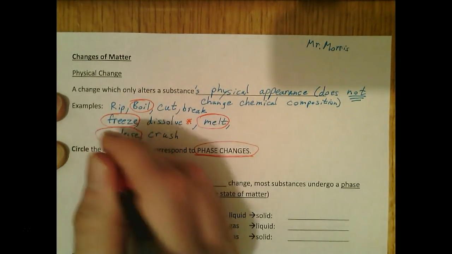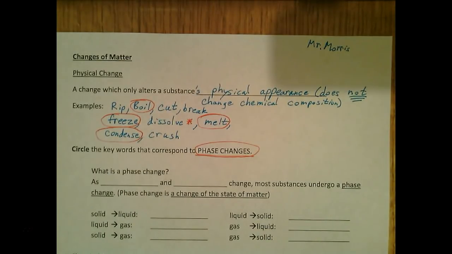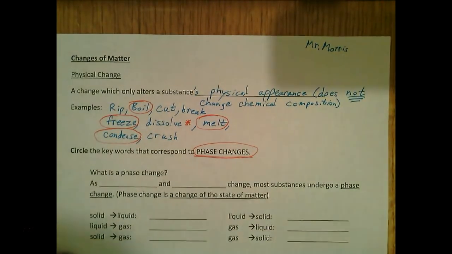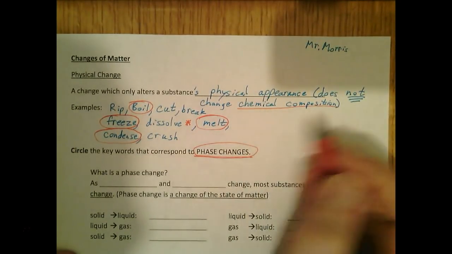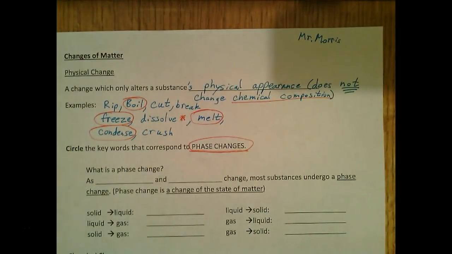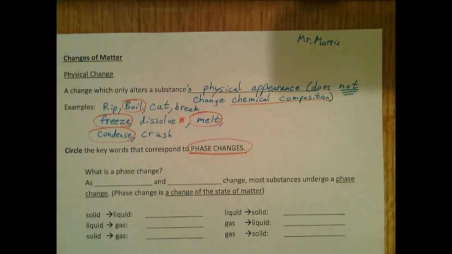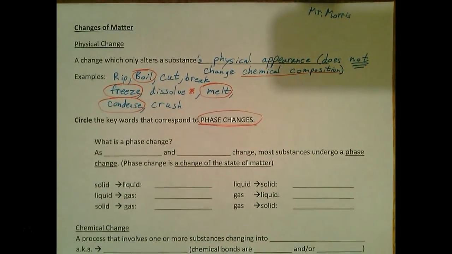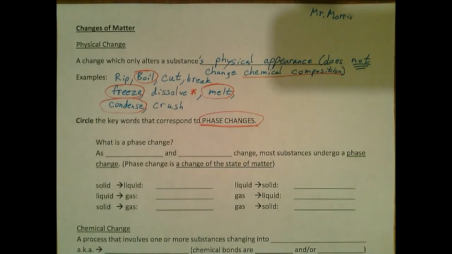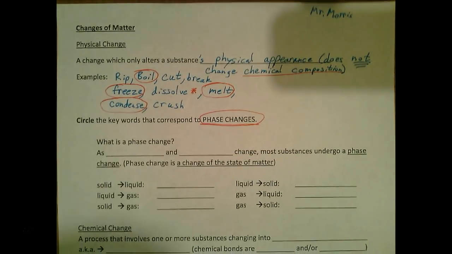Now, we are changing some of the physical properties when we do this, but we are not changing the chemical composition. That's what makes these physical changes, because it happens without changing the actual identity of what the substance is. If we were to look at a molecule or an atom, it would still be the same thing. It's just in a different state of matter.